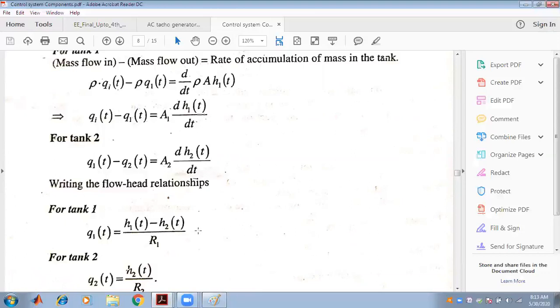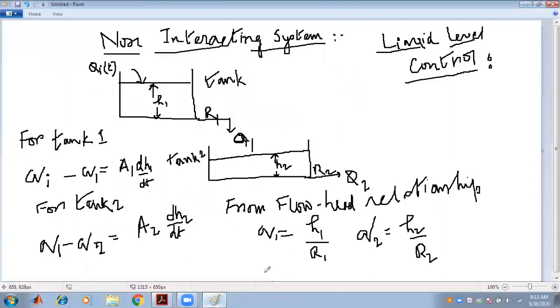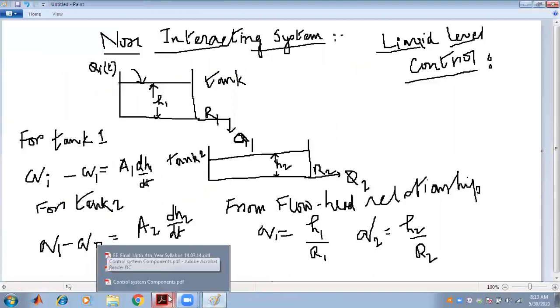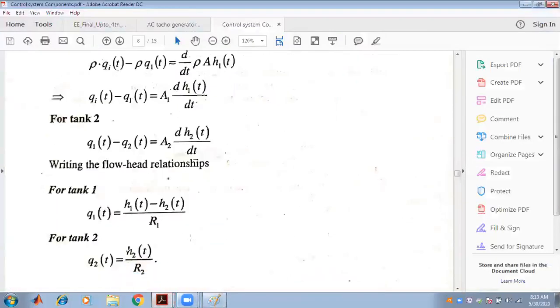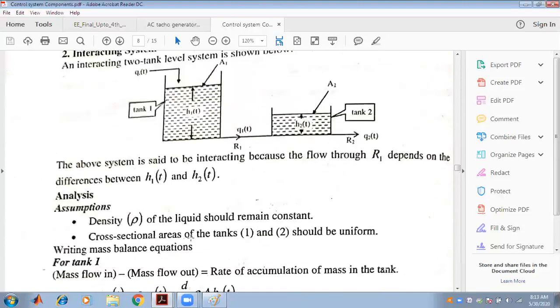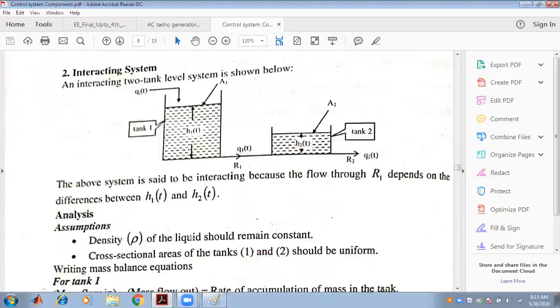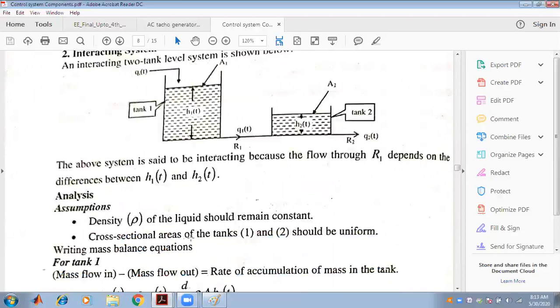That is why the flow rate relationship became H1(t) minus H2(t) by R1, whereas in case of the non-interacting it will be only H1 by R1, but in case of the interacting it is H1(t) minus H2(t) by R1. So this is known as interacting system, where the flow through the R1 depends on the difference between H1(t) and H2(t).